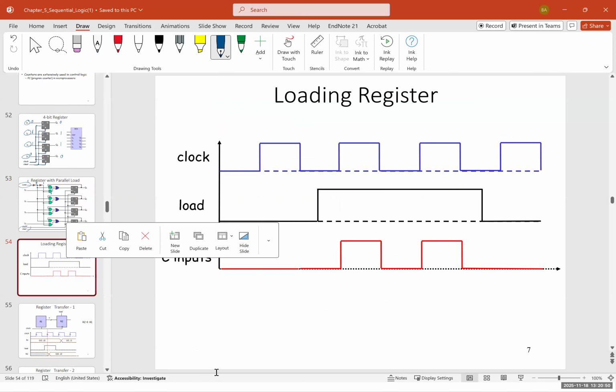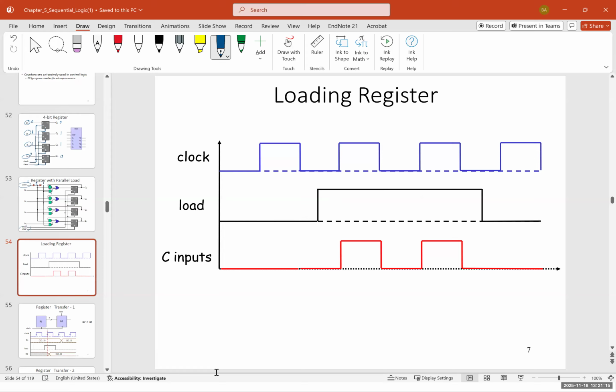So for this, we have this graph. This is the loading register with a clock. The clock is shown with blue. The load is shown with black, and the input is shown with red. As long as the load is 0, the C input doesn't change.